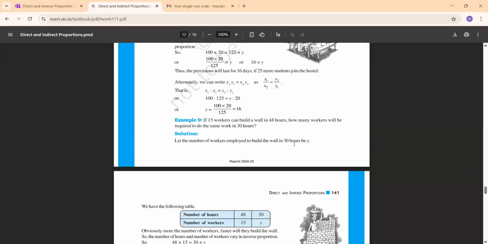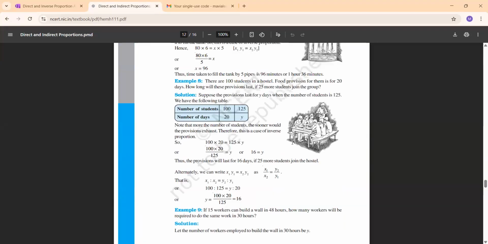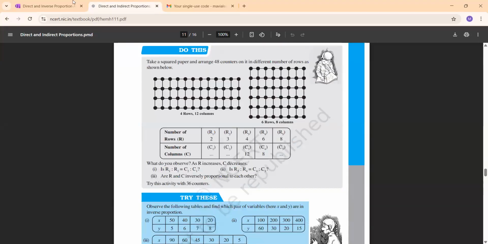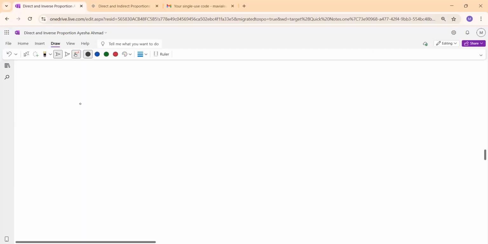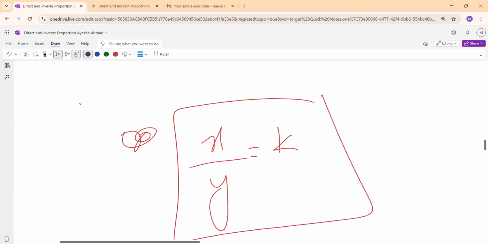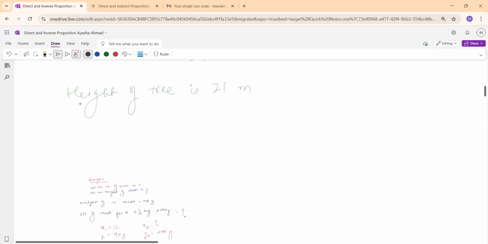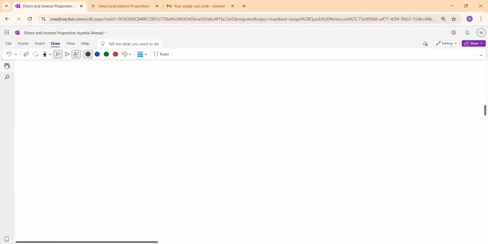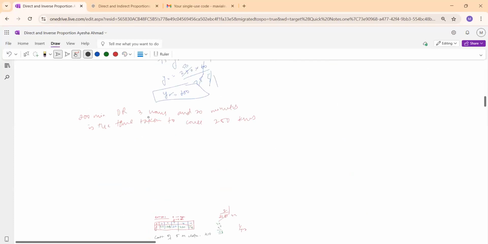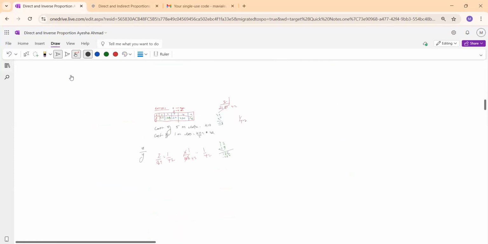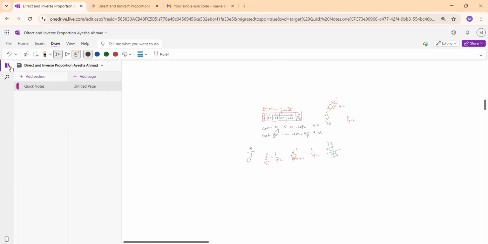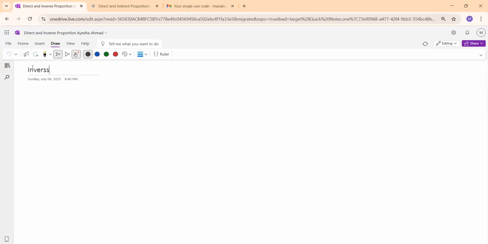Okay, so Ayesha, we started with inverse proportion, if you remember. Do you remember inverse proportion? No, we did not. We have to start with inverse proportion today. Ayesha, any doubts in any of the questions?